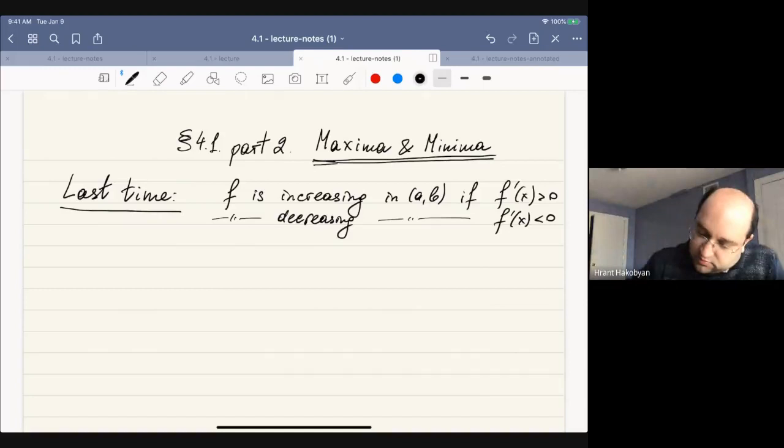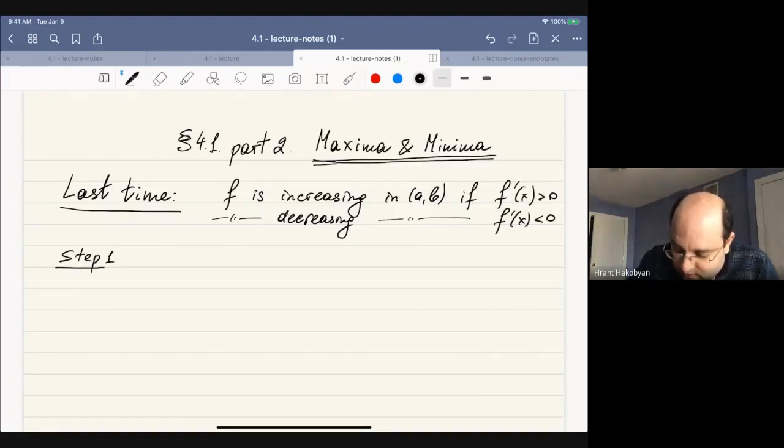The key point was to find the critical points. So the steps were: step 1 was to find f prime of x.